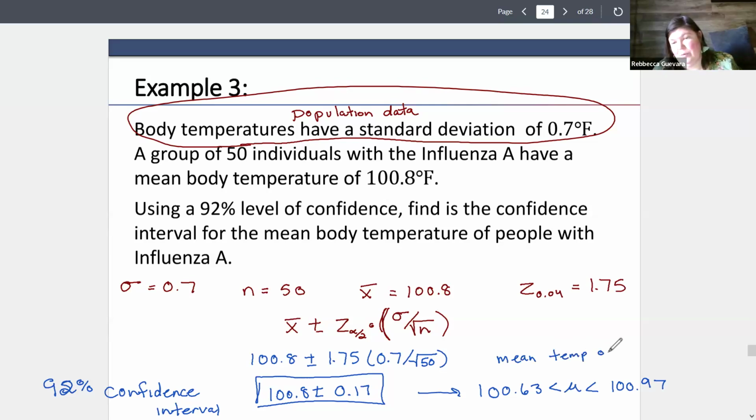This is the mean temp for people with influenza A. So what we expect, according to this, is that if we find a group of people who have influenza A, and we find the mean of everybody who's ever had influenza A, the mean of their temperatures is somewhere between 100.63 and 100.97.